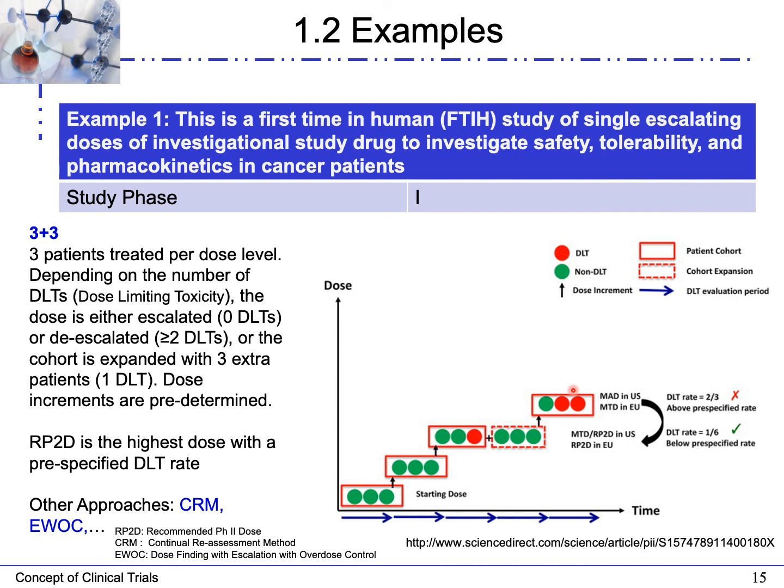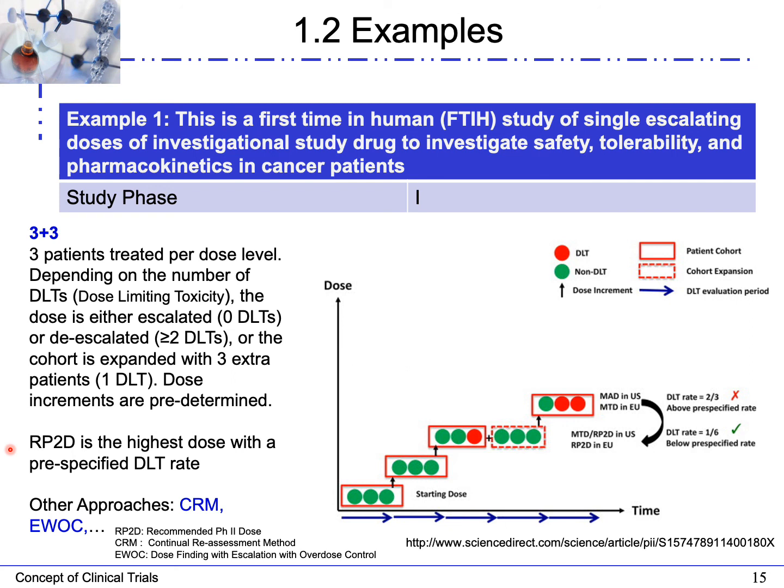And that will help you to determine the recommended phase 2 dose, which is the subsequent step in drug development. Here is study phase 1. That is the highest dose with a pre-specified DLT rate.